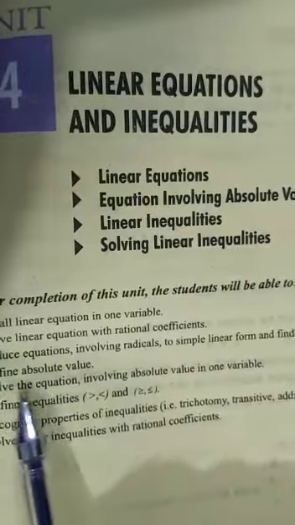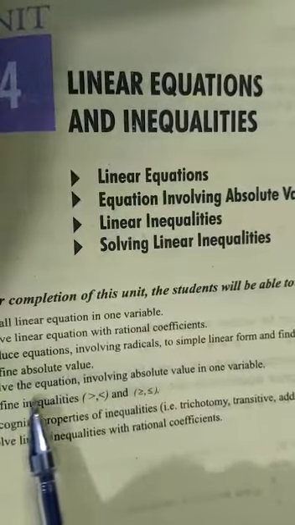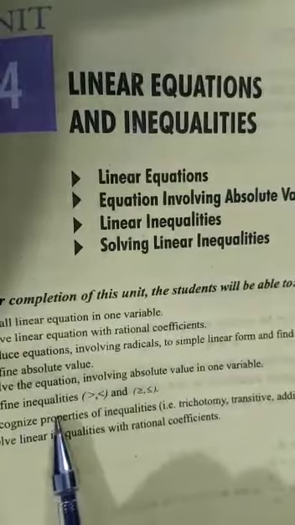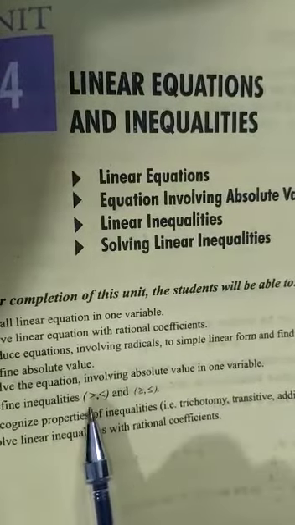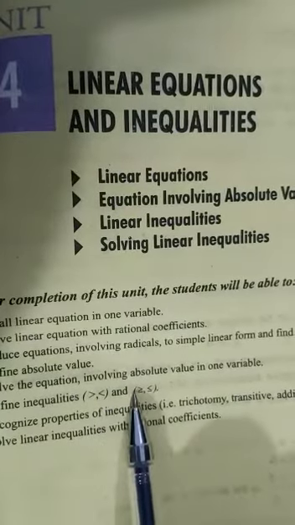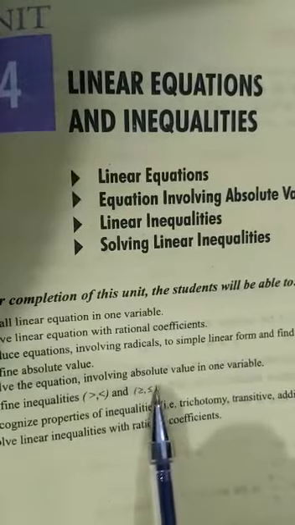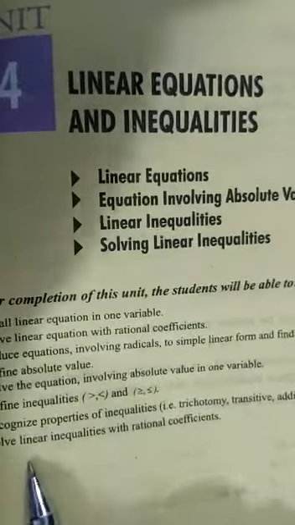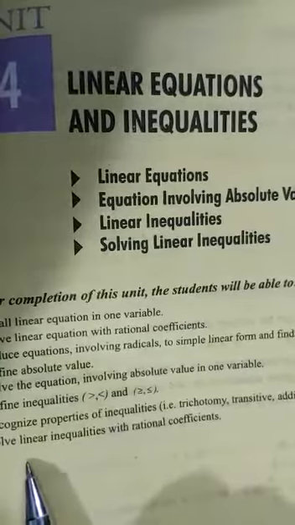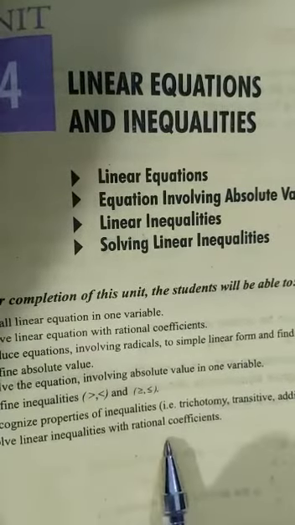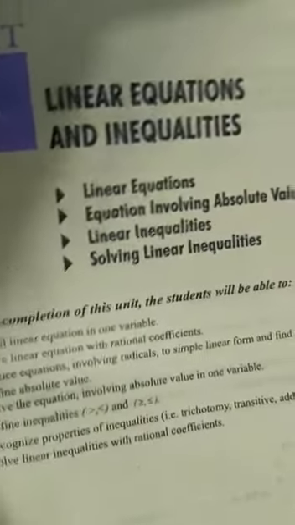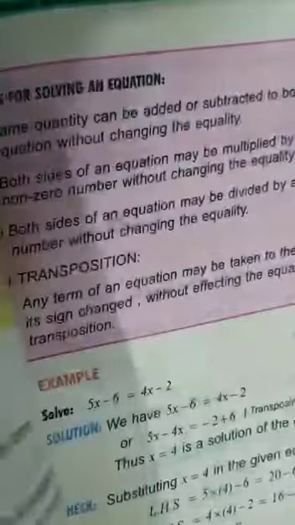We will define absolute values, then solve equations involving absolute values in one variable, and define inequalities, that is, what inequalities are: these signs greater than, less than, greater than or equal to, or less than or equal to. We will recognize the properties of inequalities and solve linear inequalities with radical and rational coefficients. So we will do a lot about equalities and inequalities in this chapter.